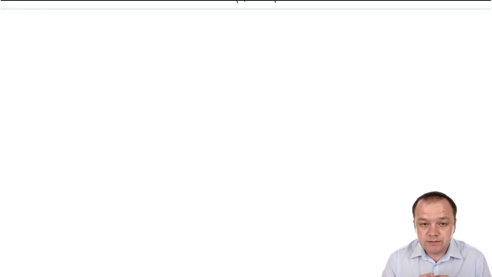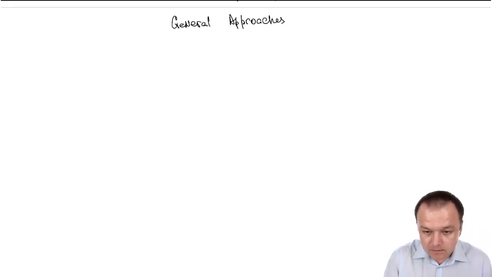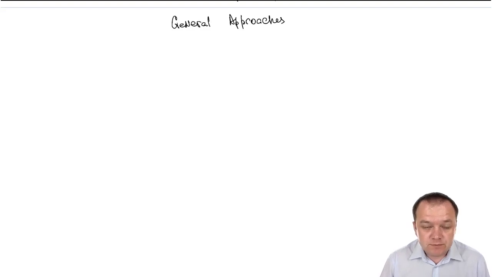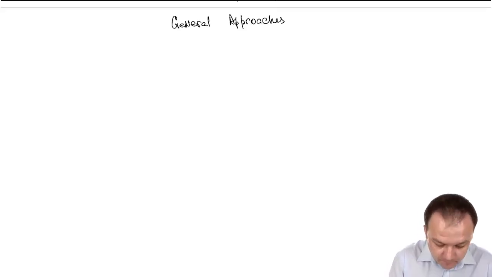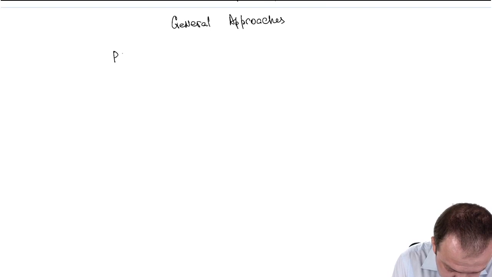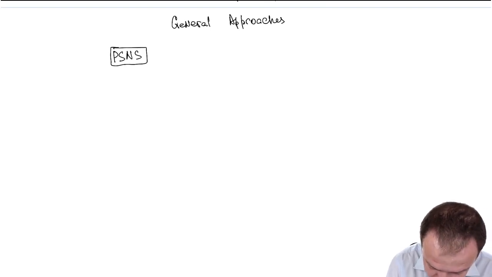So now we will discuss general approaches to neurotransmission in the autonomic nervous system. As we said, we have two divisions: the parasympathetic nervous system and the sympathetic nervous system.